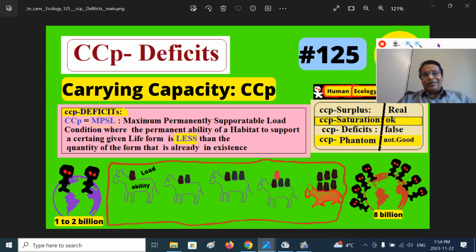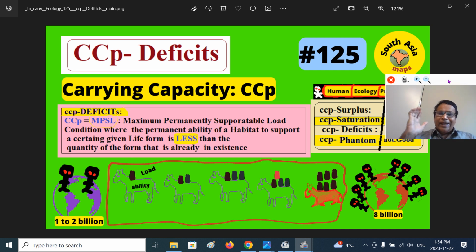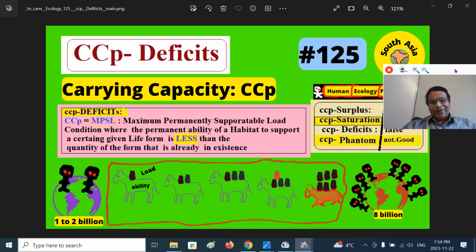That concept can be very clear to you if you look at the entire thing from the ecological perspective. If you understand the concept of carrying capacity, that is the load and ability permanently supportable, you can put it into daily routine socio-political conversations.